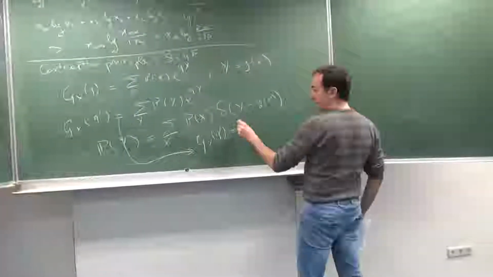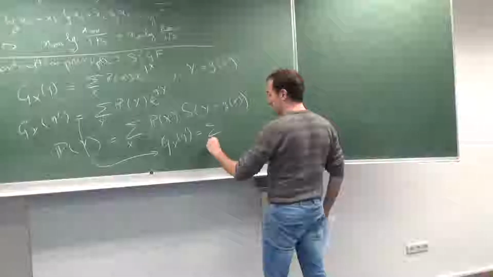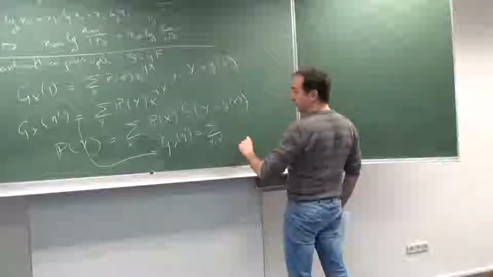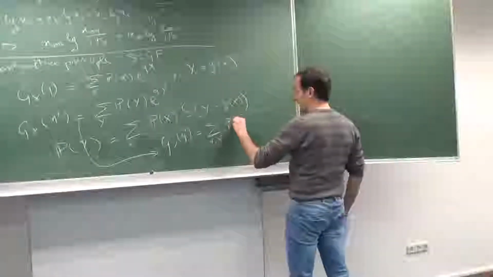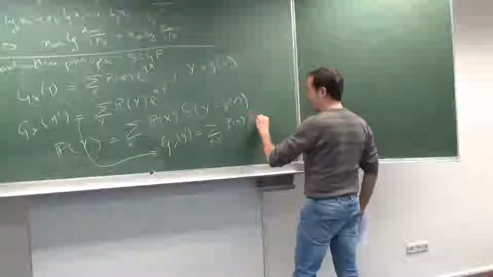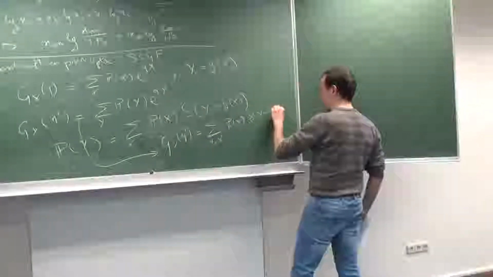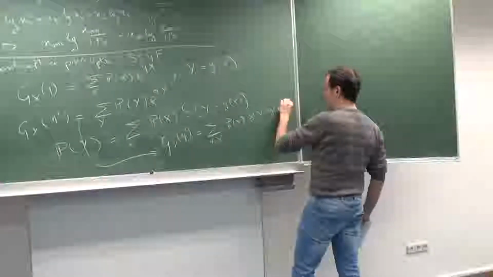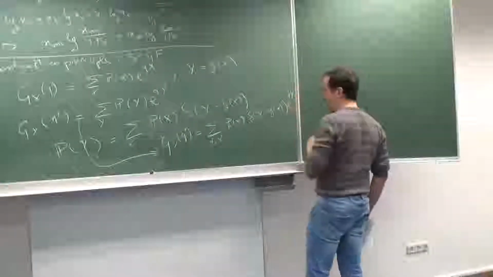It is equal to the sum over y and x, probability of x, delta, e to the q prime y.